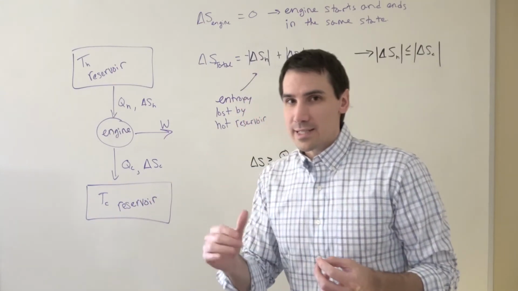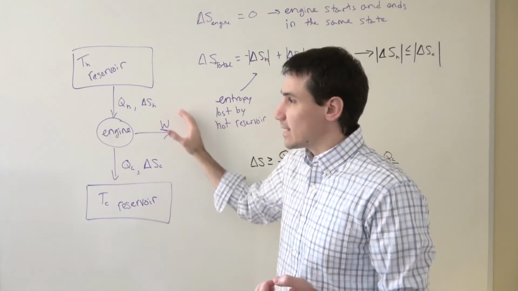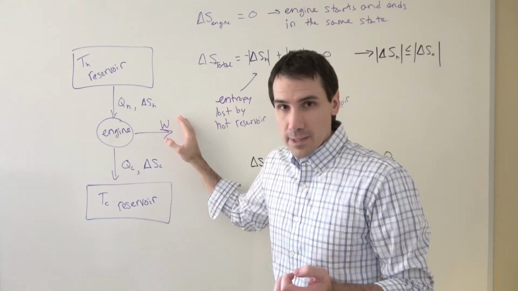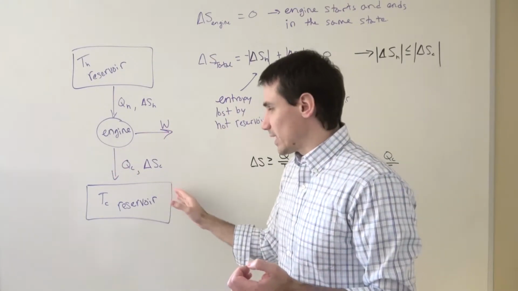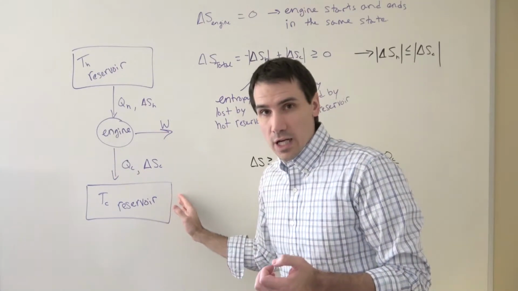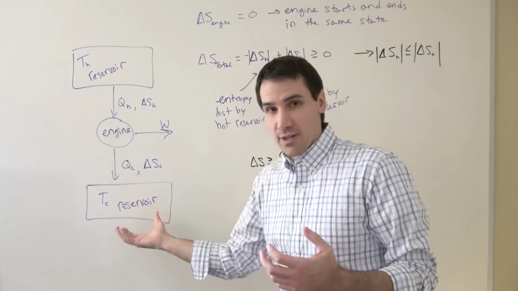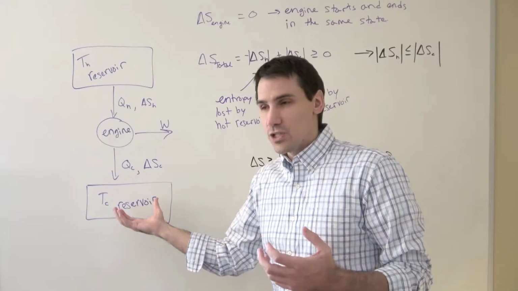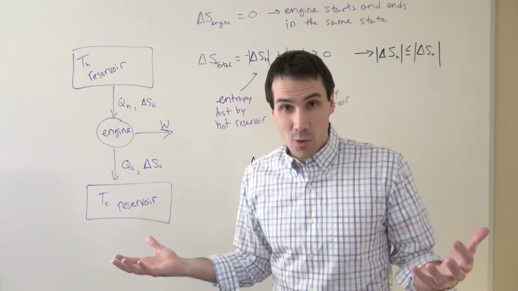So what we're really saying is that the amount of entropy that the engine takes in from the hot reservoir must be less than or equal to the amount that it gives to the cold reservoir. Because we can always make some extra entropy in the engine and give that to the cold reservoir. We can just never have less entropy than we started with, but we can always end with more.